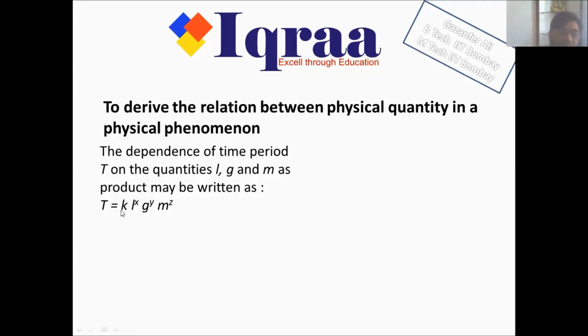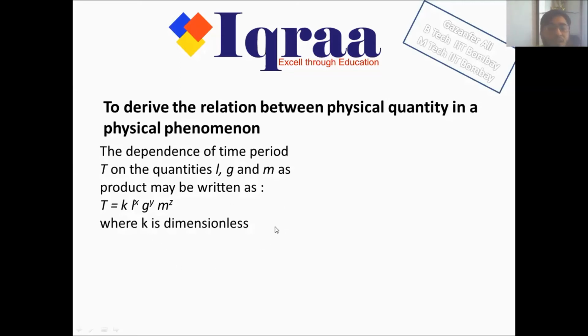Now here this k is a simple constant, and we have to be sure that this k will be a dimensionless constant. Otherwise this dimensional analysis technique cannot be used to verify or derive this relation.